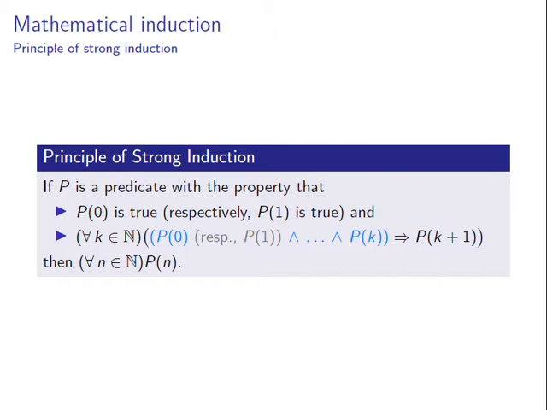In the PSI, this states that for every natural number k, if P of k is true for all natural numbers from the first natural number up to k, then P is true for the natural number k plus 1. All other parts of the statement of the PSI are the same as in the PMI. It can be shown that the principle of strong induction is equivalent to the principle of mathematical induction.